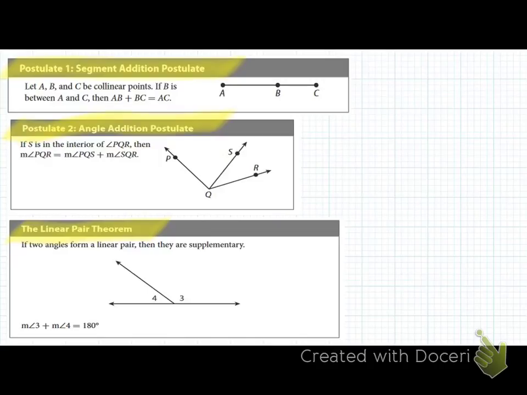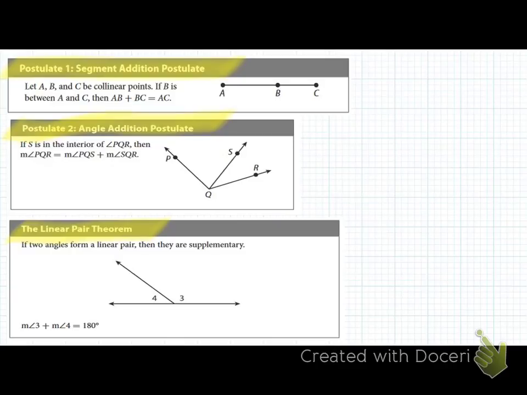Let's say AB was equal to 5 centimeters, and then BC was equal to 3 centimeters. How long is AC then? AB plus BC. Remember, AB was 5 centimeters, BC was 3 centimeters. How long is AC? 8. Okay, does that make sense, everyone? I like it when I hear ah, because that means you got it.